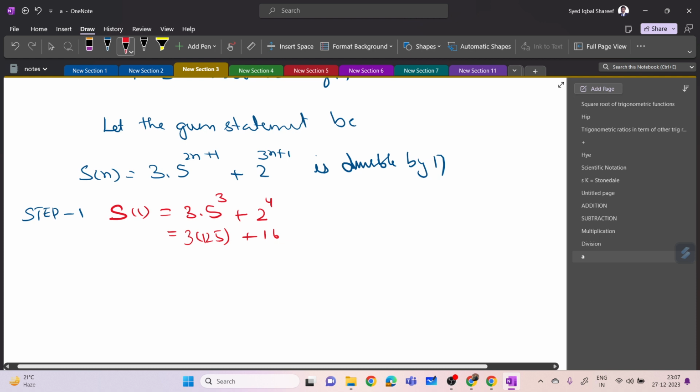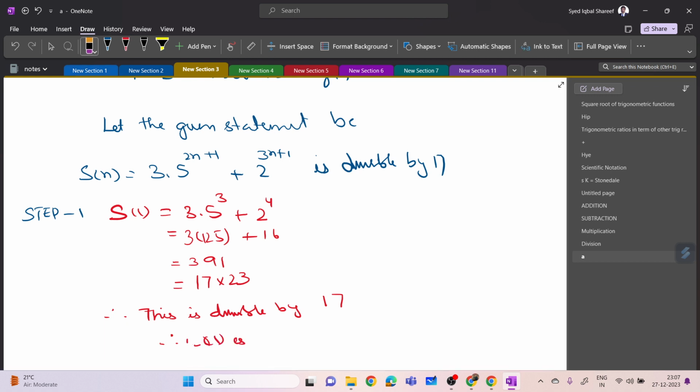Adding them up gives 391. 391 is 17 times 23. So therefore this is divisible by 17. Therefore, S of 1 is true for n equal to 1.